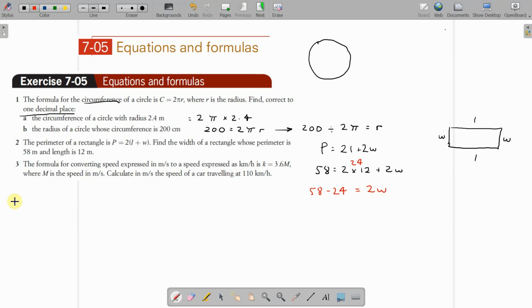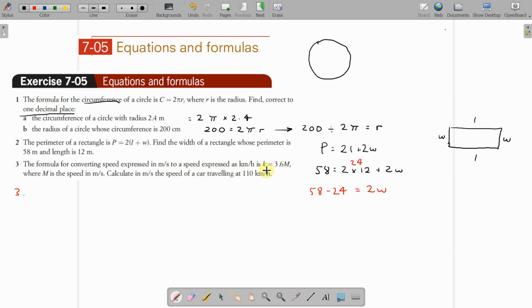Okay, number 3 down here. Converting meters per second to kilometers per hour. And there's our formula. So what's K? Does it tell you?